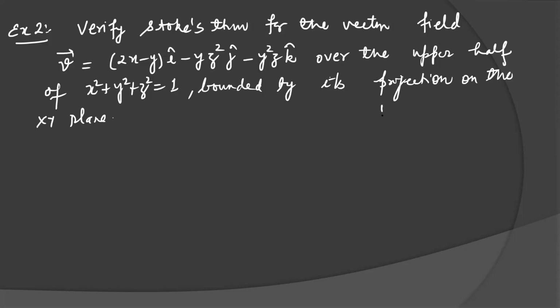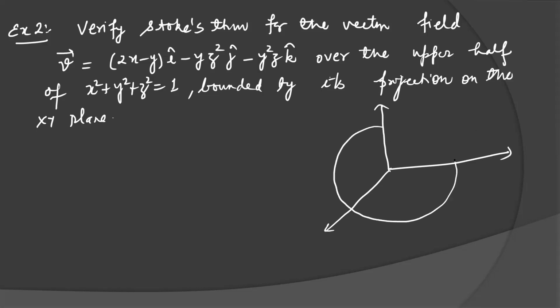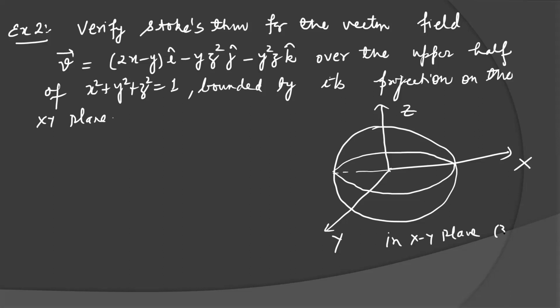We know that if we take any sphere, this is a sphere of radius 1, and its projection is actually a circle in any coordinate system. Suppose this is x, this is y, this is z, then it will be a circle in the xy plane. In the xy plane, you have to put z equal to 0.